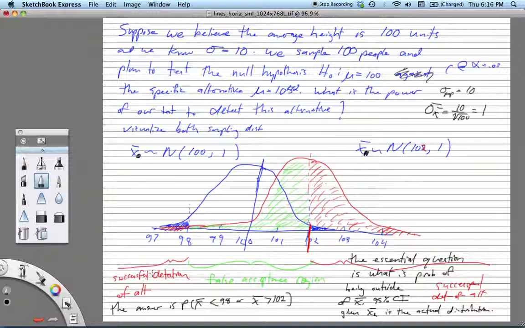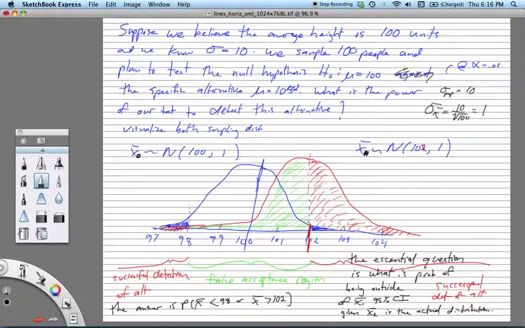So I've said, if the sample mean that we draw is anywhere in the red zone, we're going to reject the null hypothesis, and we're going to be correct in doing so.